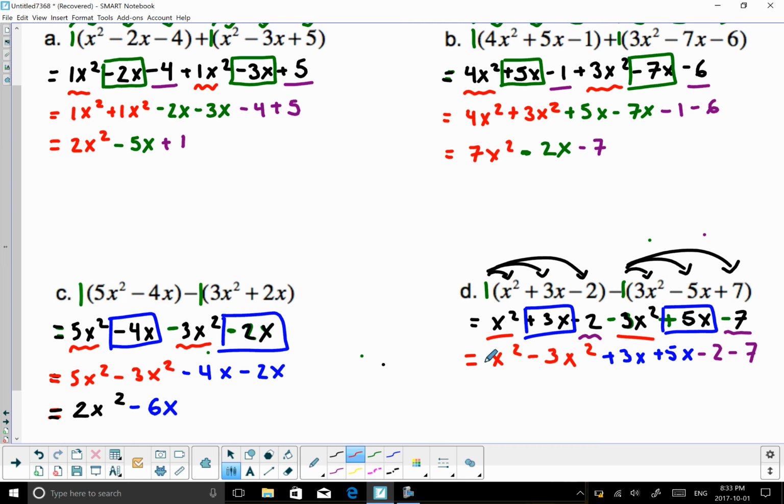So remember there's an invisible one here, so 1x squared and negative 3x. I have more negatives than a positive, so it's going to definitely be a negative answer. So let's see, I have 1 positive and 3 negatives, and that leaves me with 2 negatives. 3x and 5x, that's 2 positives, so I'll just add them. 3x's and 5x's makes 8x's.